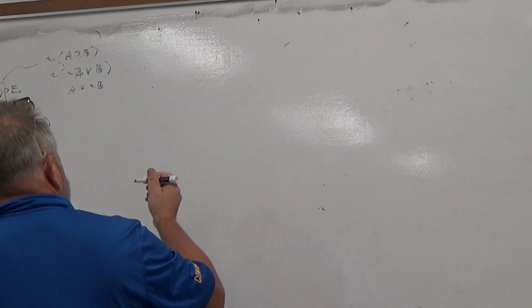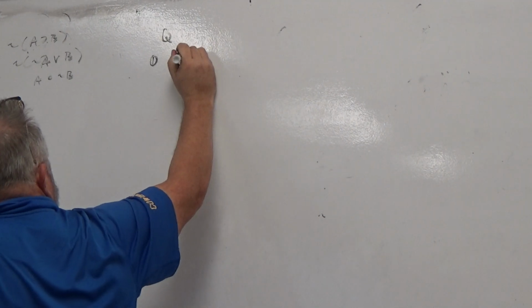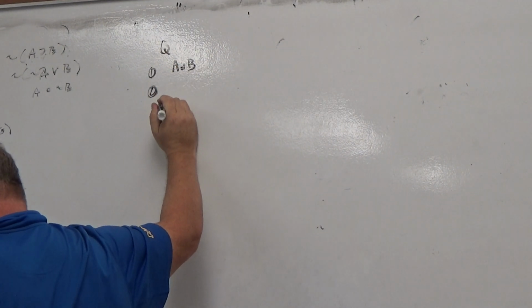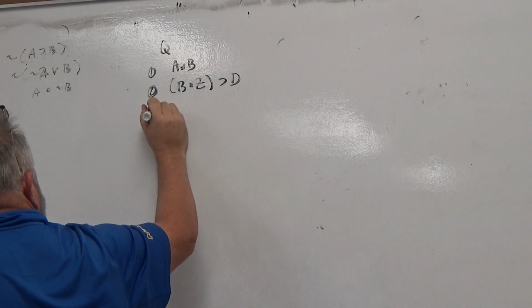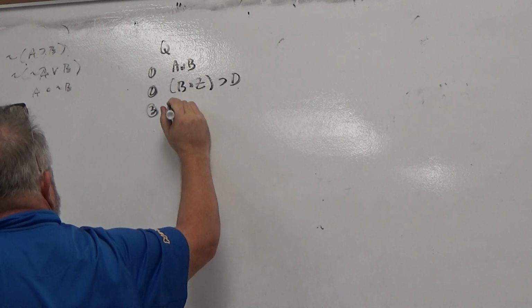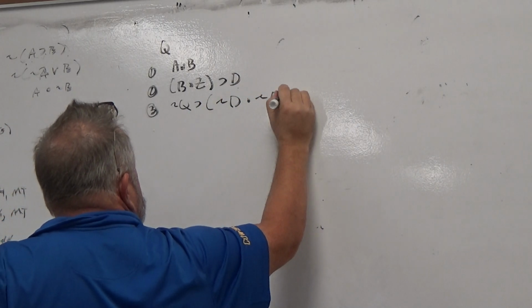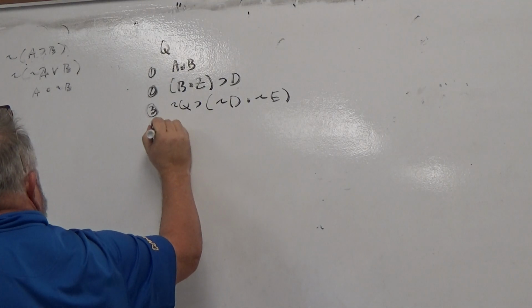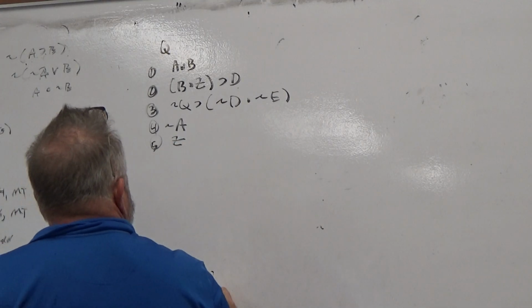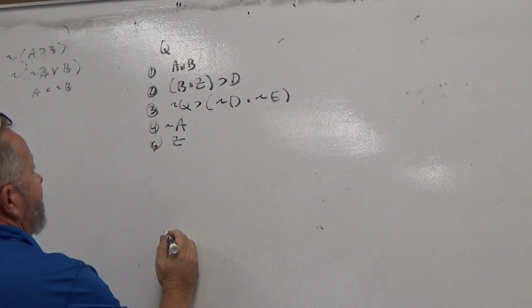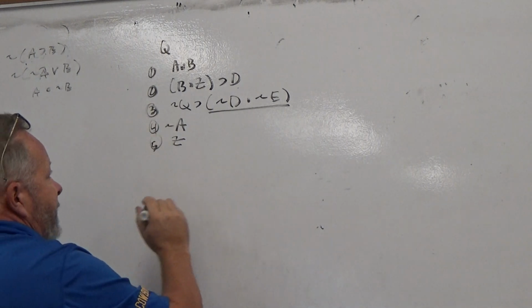Prove Q. Okay. I have 1, A or B; 2 is B and Z, then D; 3 is not Q, then not D and not E; 4 is not A; and 5 is Z; and I've got to get to a Q. There's only one way to get to it, and that is through modus tollens on line 3.